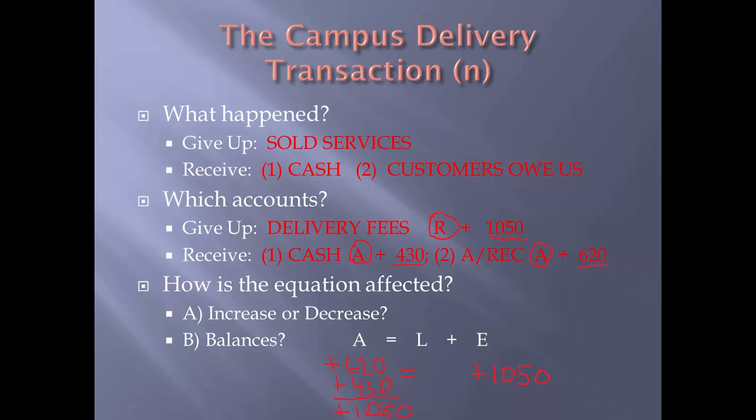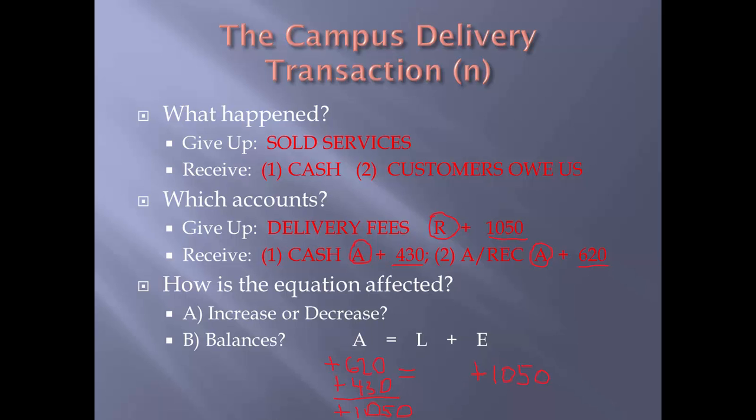Now we learned in the other three-parter transaction that we need to put the numbers down whenever we have a three-parter. So how much services did we sell? $1,050 worth of services. How much cash did we receive? $430. How much do customers owe us? $620.